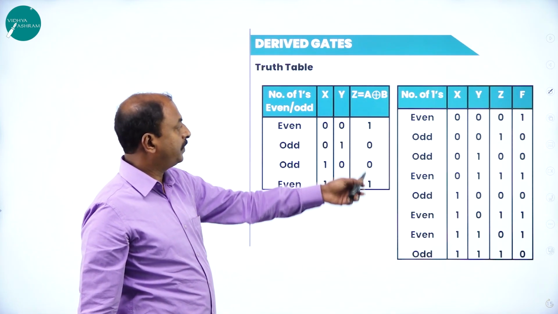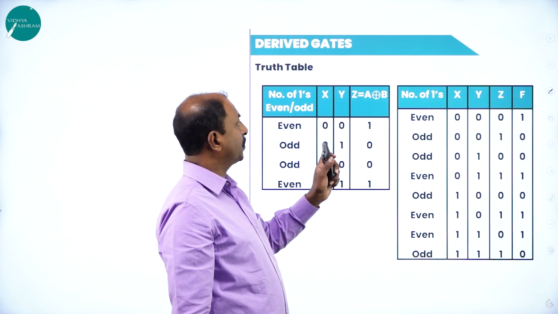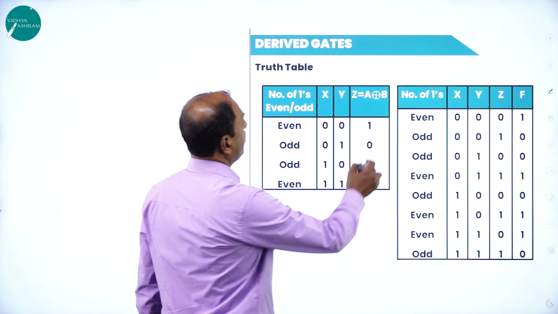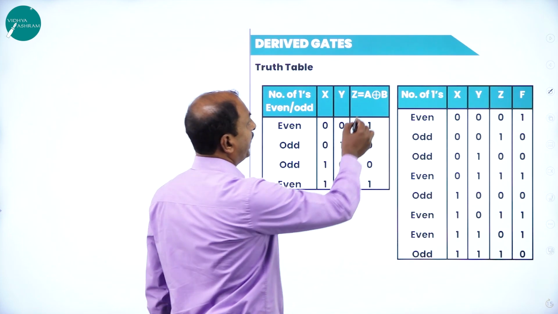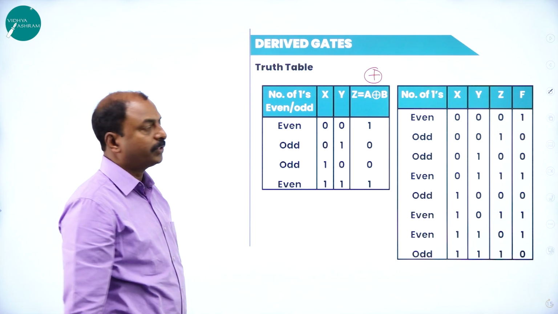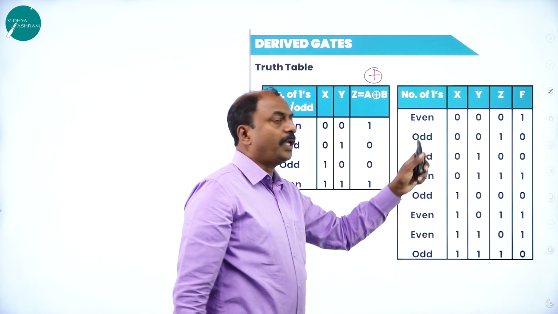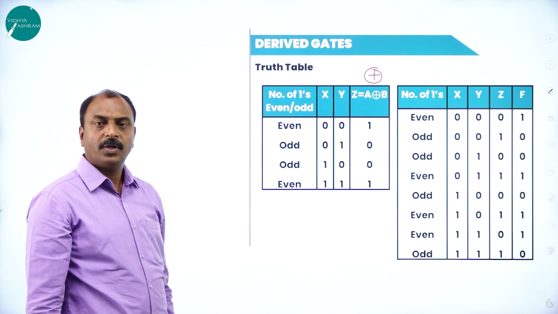And this is the truth table as per the definition. This is the output, and we represent exclusive NOR gate with a plus inside a circle. This is the truth table for 3 input exclusive NOR gate.